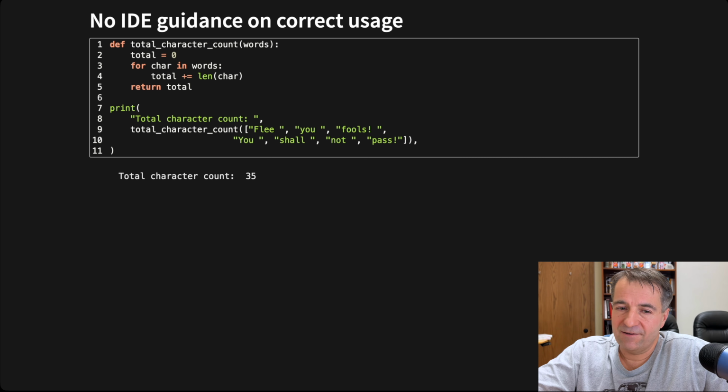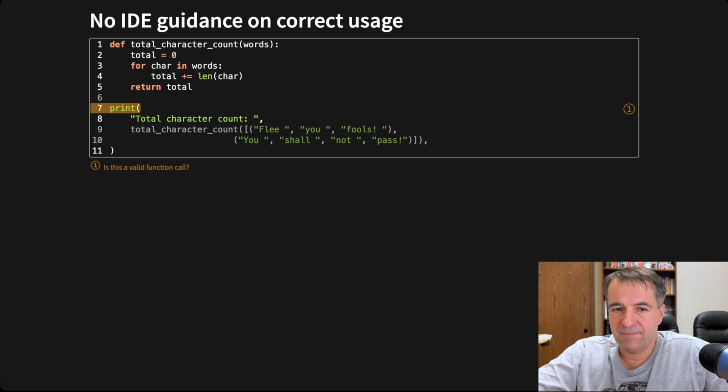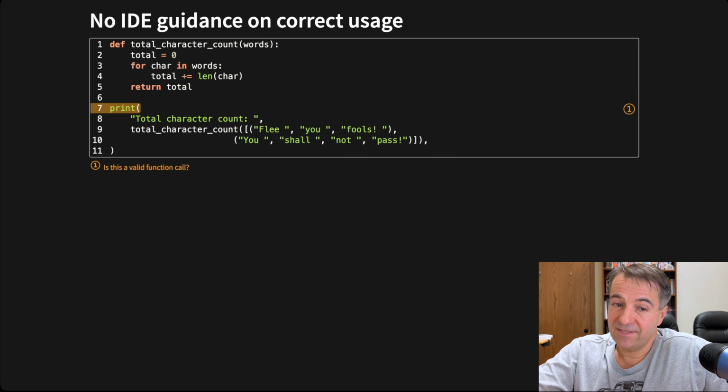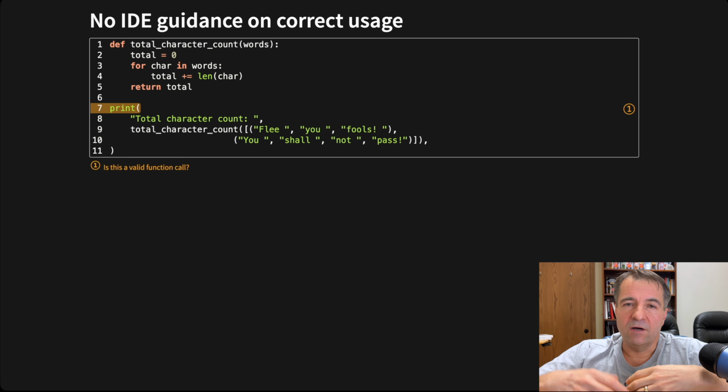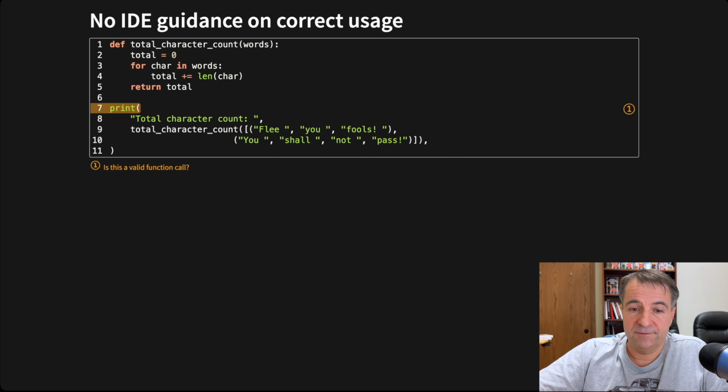And sure enough, it executes, it gives you exactly the same number. How about this one? Will this one still work? So I'm sending in now a list of tuples, each tuple containing strings. And as you can see over there, this is not a valid use of this function. However, purely looking at the function itself, you don't have the ability to identify whether it's going to work or not.